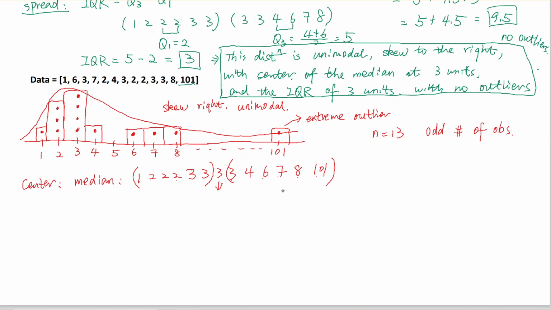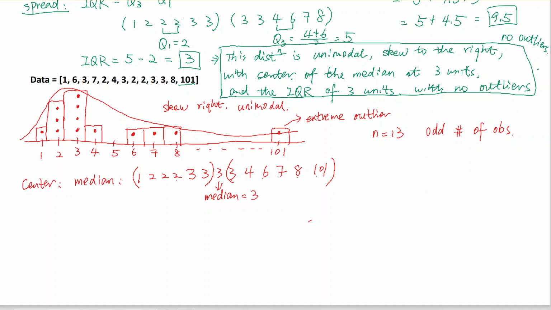So 6 plus 6 is 12, and plus the middle 3 will be 13 observations, right? So this 3 will be the middle value, which is the median. So that means your median equals 3.